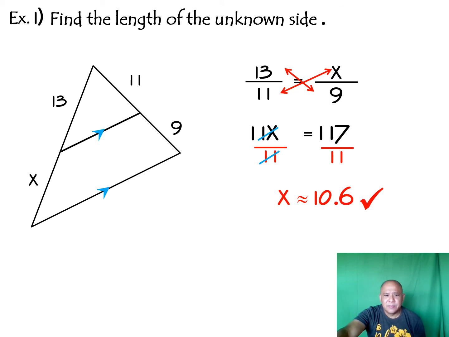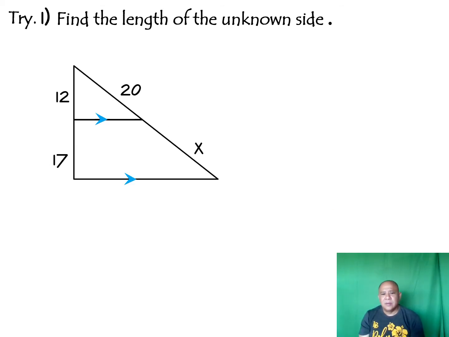Try number 1 on your own. You may pause the video to try it, or you may fast forward if you understand it. Let's take a look at this. You see there are 2 triangles. What's similar?